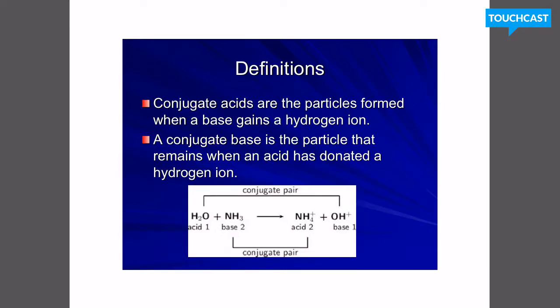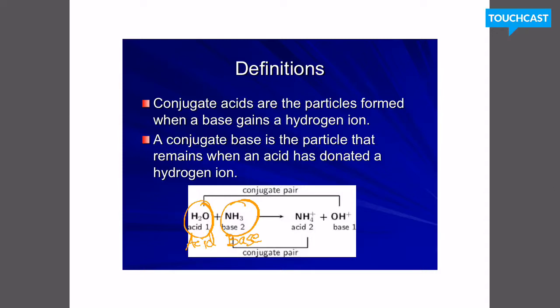So just a little further explanation here. Starting on the left side, we know that the water was originally behaving like an acid, and we know that the ammonia was originally behaving like a base. So these are your original acid and original base. Now, on the right side of the formula, whatever the original acid or base turned into would be its conjugate pair.